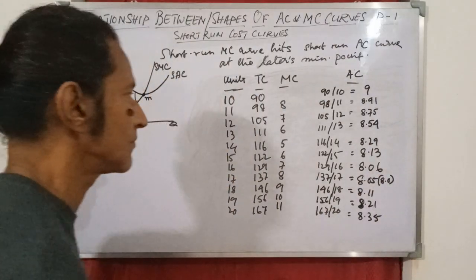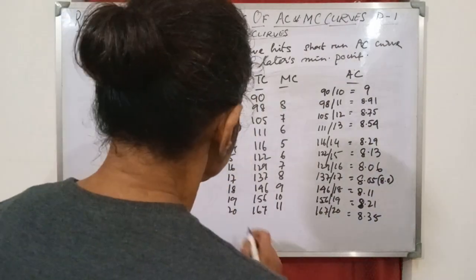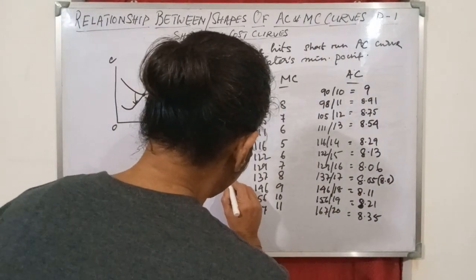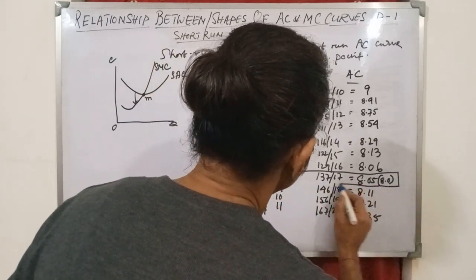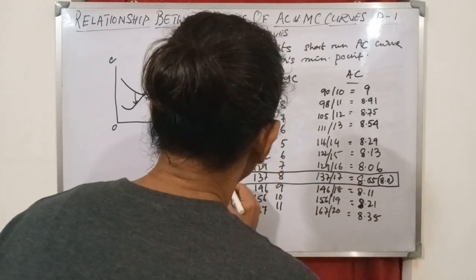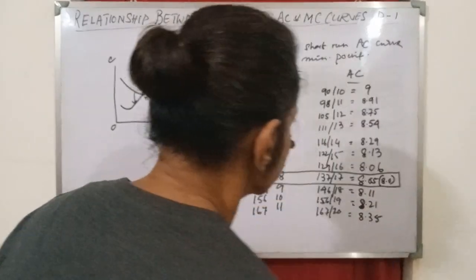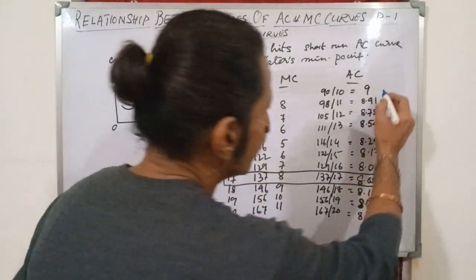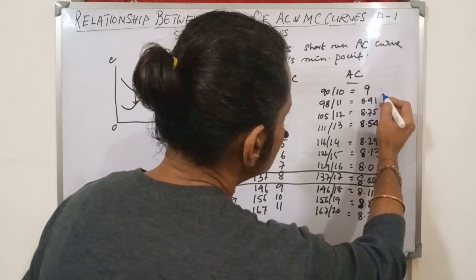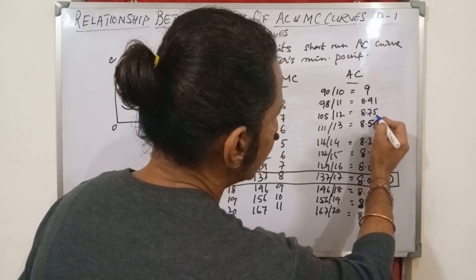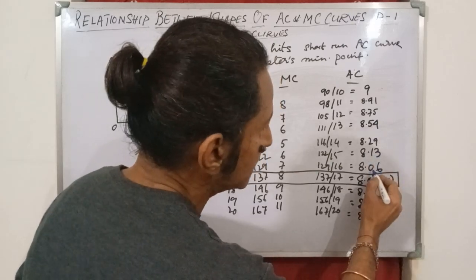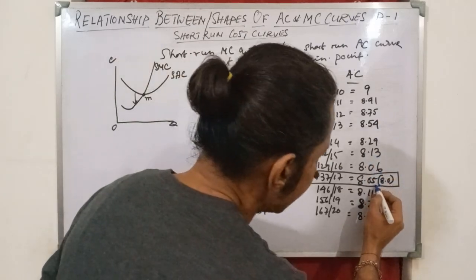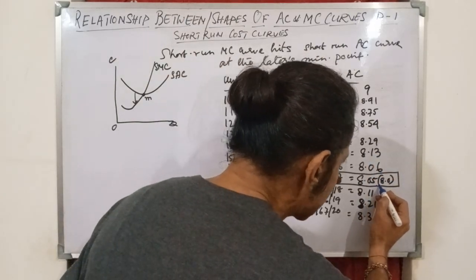Okay. Now you can see therefore for 17 units of output, marginal cost is equal to average cost, and when the average cost is minimum, because average cost is falling from 9 to 8.91 to 8.75 to 8.54 to 8.29 to 8.13 to 8.06 till 8.05, which we have taken as 8.0.